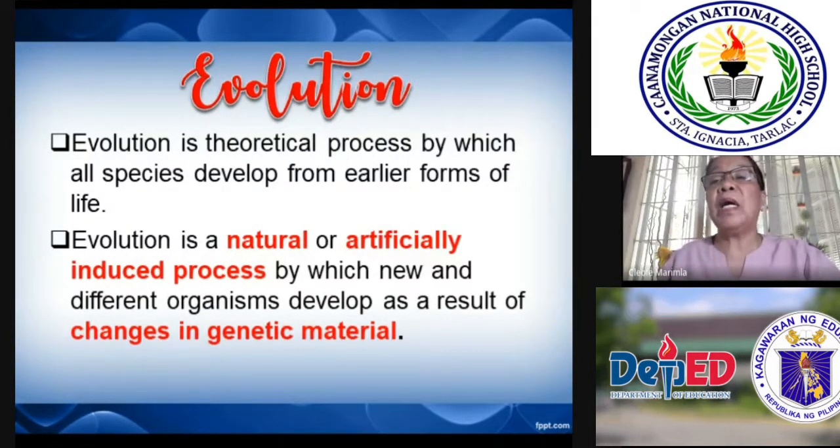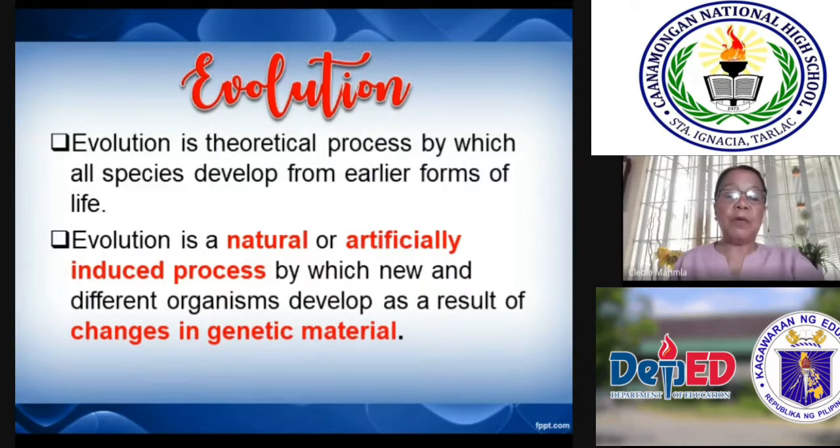Evolution is a theoretical process by which all species develop from earlier forms of life. Evolution is a natural or artificially induced process by which new and different organisms develop as a result of changes in genetic material. This means that the existence of living organisms from a very simple form of life into a complex form can be explained scientifically by different scientists or biologists.